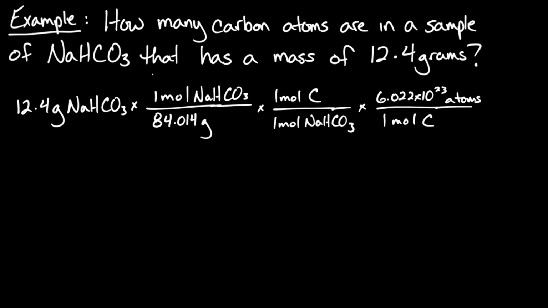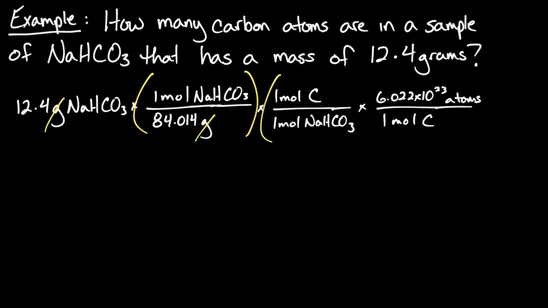This first unit conversion here, 1 mole of NaHCO3 is 84.014 grams. That's the molar mass of NaHCO3, and that gets us from grams to moles. And you can see the way we've set this up, very dimensional analysis like, where our units of grams are going to cancel out, and now we're in moles of NaHCO3.